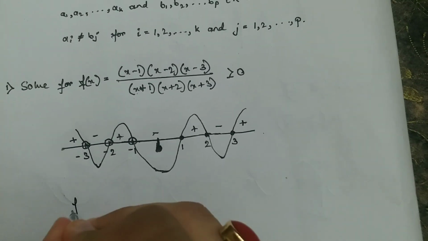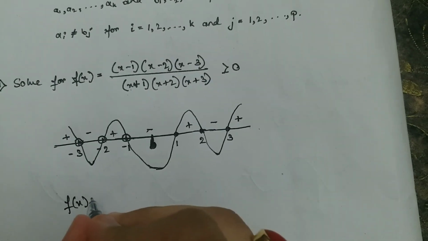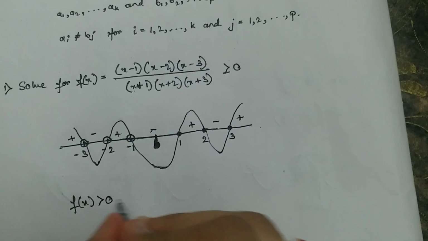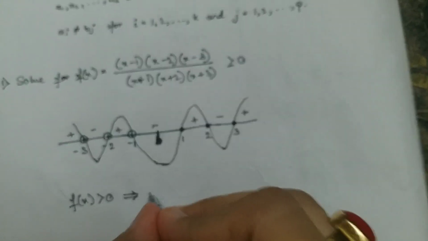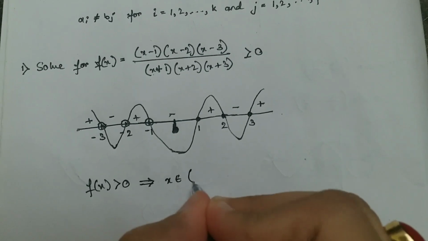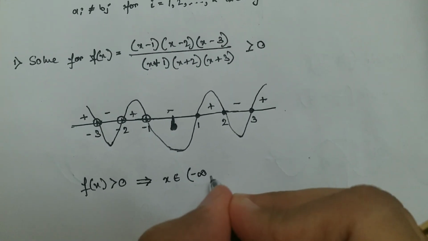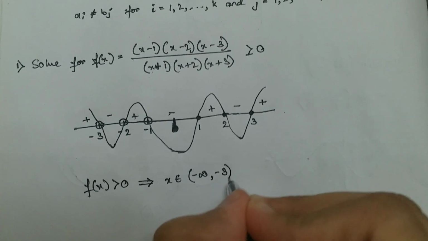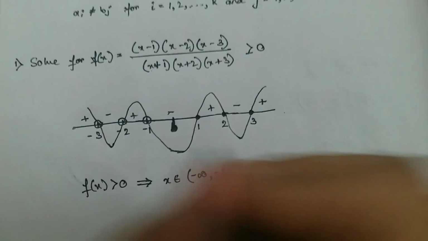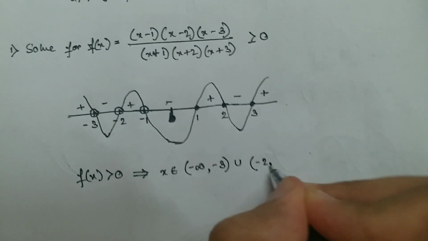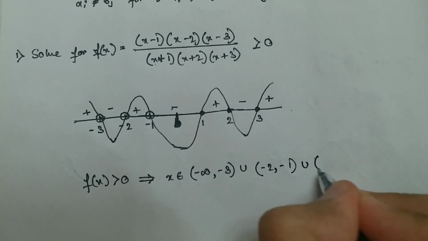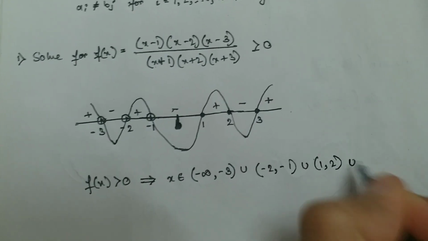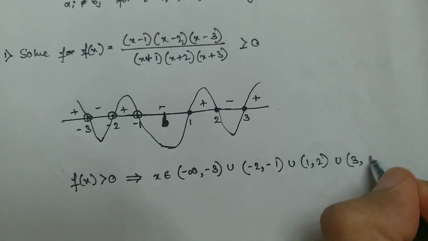So now f(x) greater than 0 implies x belongs to -infinity to -3, union -2 to -1, union 1 to 2, union 3 to infinity.